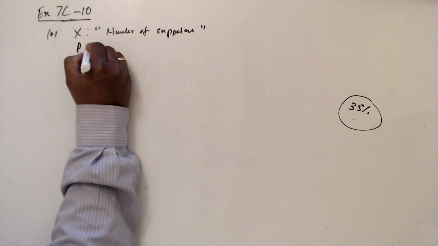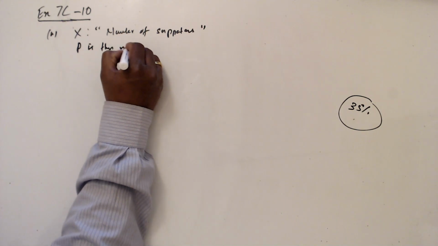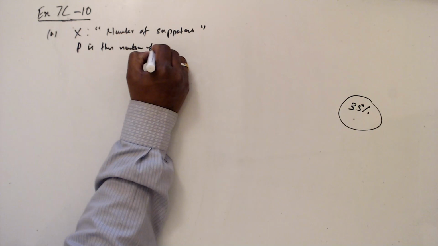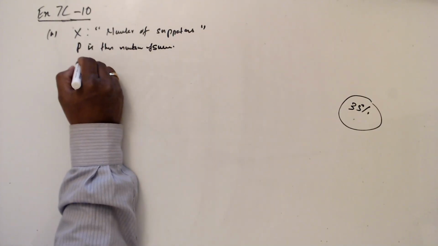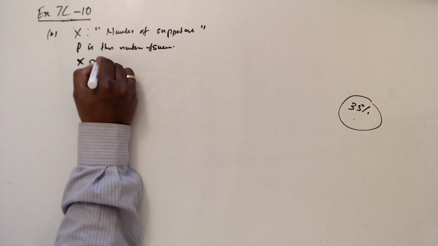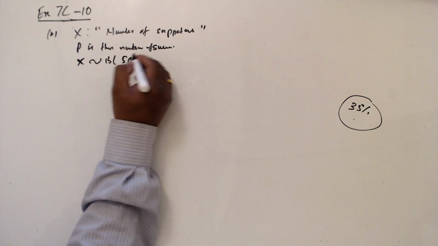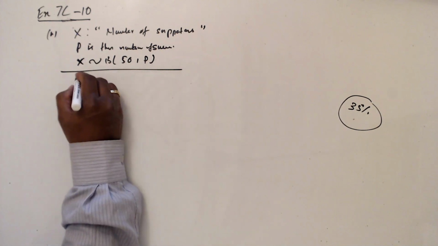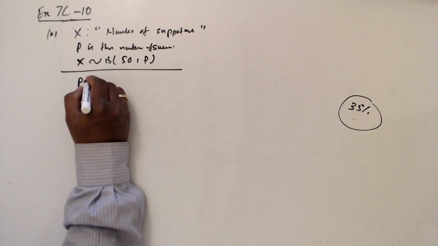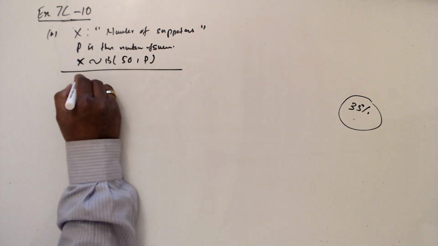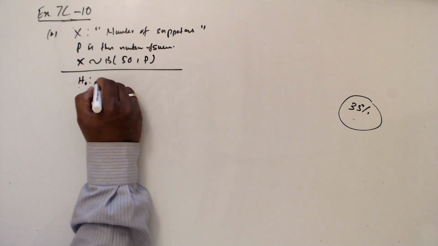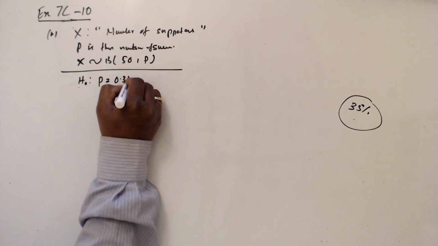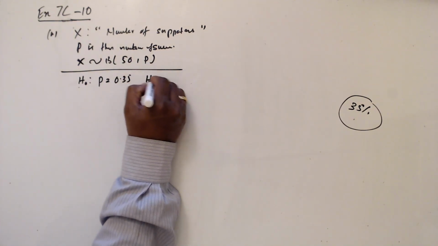P is the probability of success. Then the variable follows binomial 50, p, and H naught is p equals 0.35, 35%, and H1 is that it has increased.